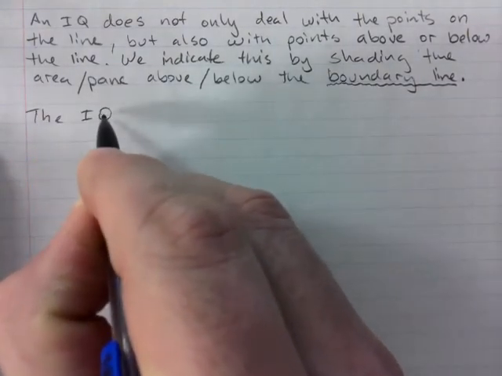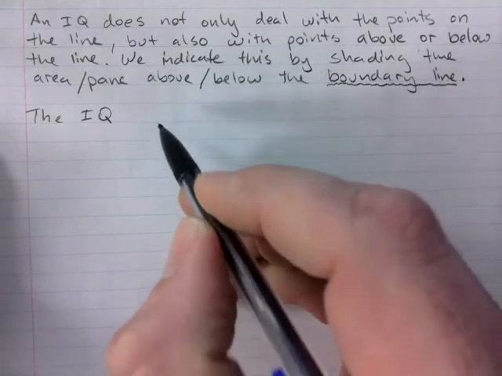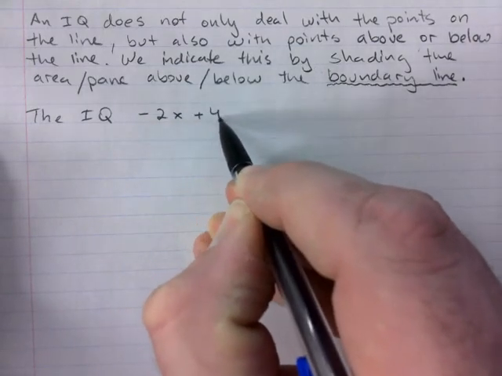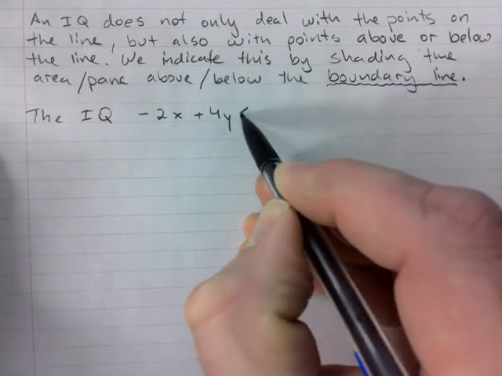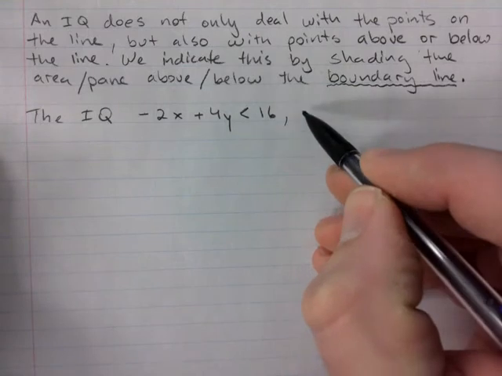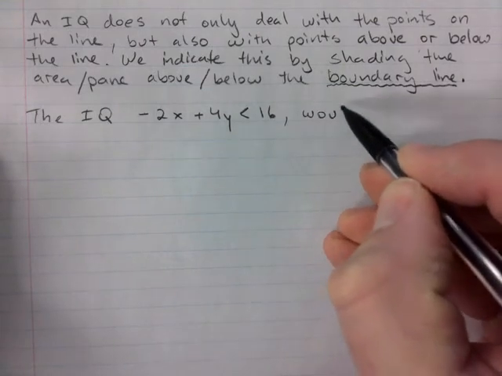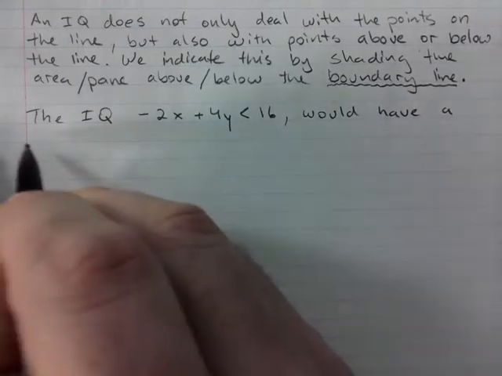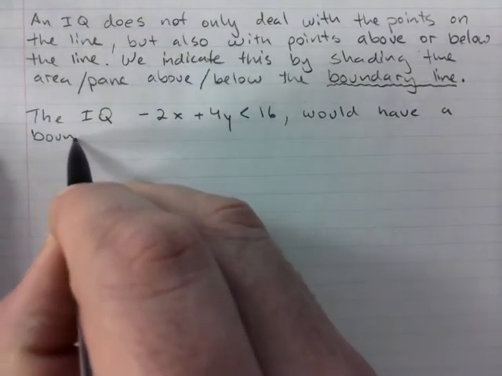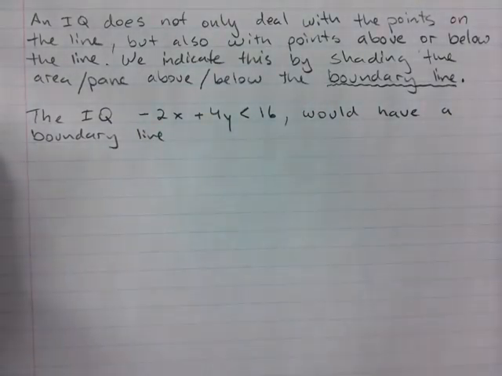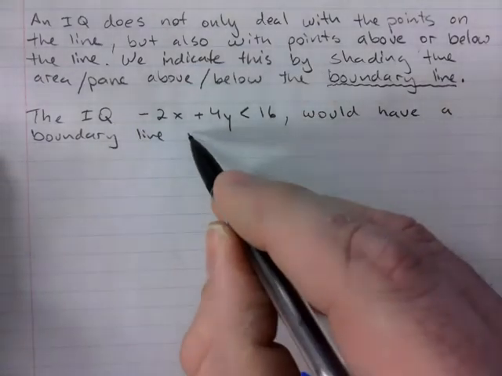The inequality negative 2x plus 4y is less than 16 would have a boundary line negative 2x plus 4y equals 16.